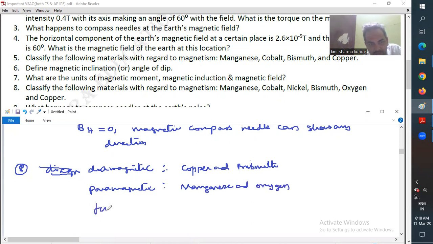And last, ferromagnetic. So bismuth over, oxygen over, copper over, manganese over. So cobalt and nickel. So this is the answer.